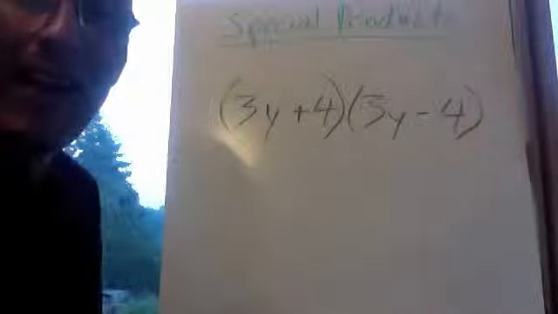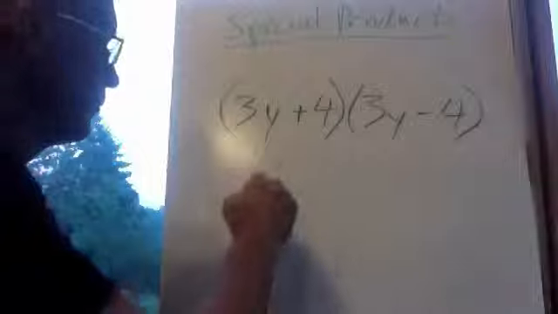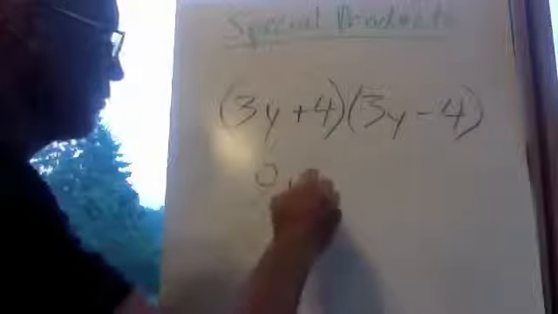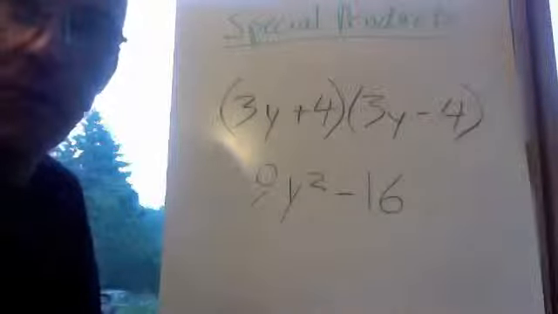Okay. So remember what we do. We look at it, we see it's the same format, except one's plus, one is minus. So we square the first one, or essentially we multiply the first two together, which gives you 9y squared. We multiply the second two together, and we're done. All right, there's your special products.